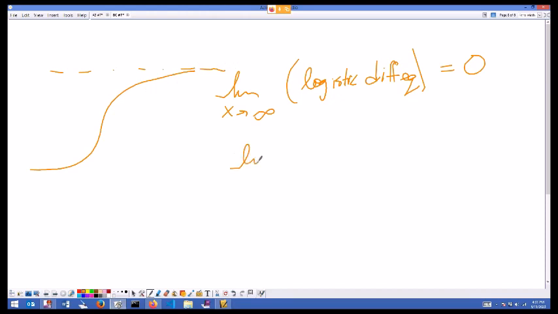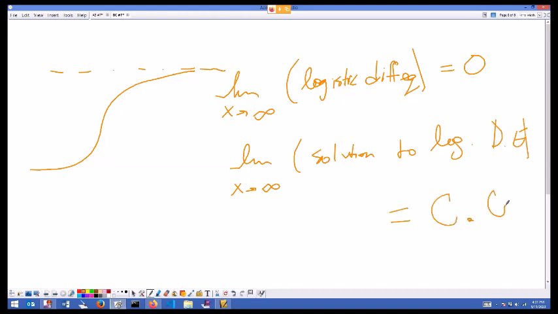The other part asks what the limit is as x approaches infinity of the solution to your logistic differential equation. That's always equal to the carrying capacity, because as you go towards infinity, your function is reaching that horizontal asymptote, which is the carrying capacity.